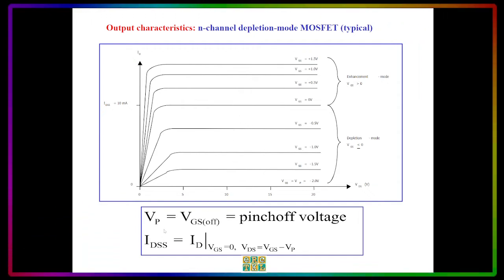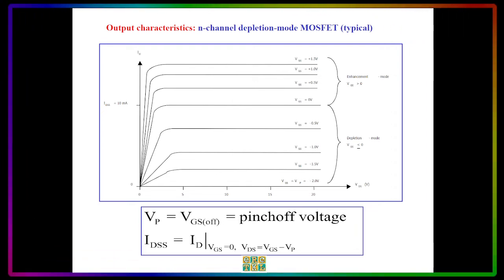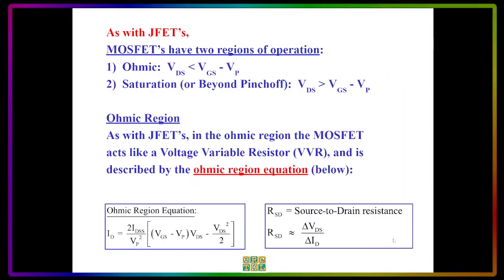Now, in this case, the VP, or the pinch off voltage, is also called the VGS off. And the IDSS, or the saturation point here, is the ID when the VGS is equal to 0. And if you calculate for the VDS, it would be VGS minus VP.